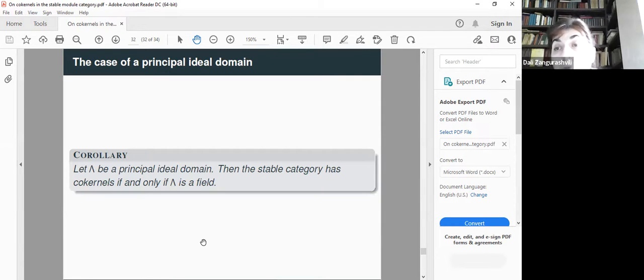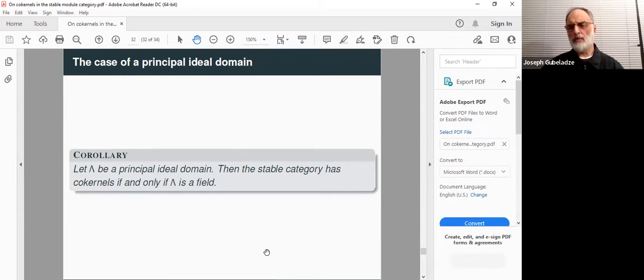For instance, consider again the ring Z. According to this corollary, in the corresponding stable category there are not all cokernels, but there are morphisms in the stable category of this ring which are not epimorphisms, but have cokernels.